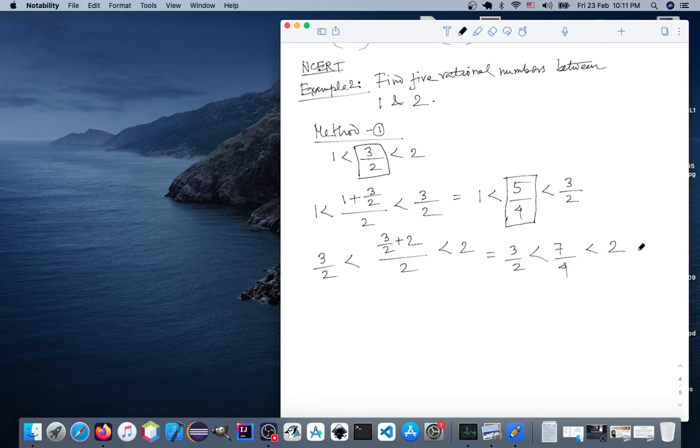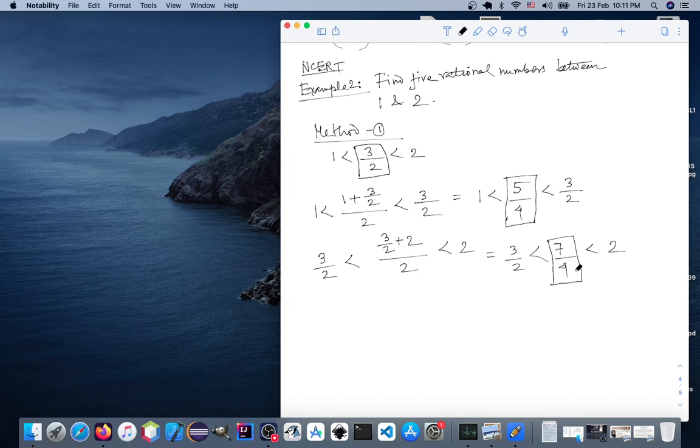So we have found another rational number, 7 by 4, between 3 by 2 and 2. So we have found three rational numbers.